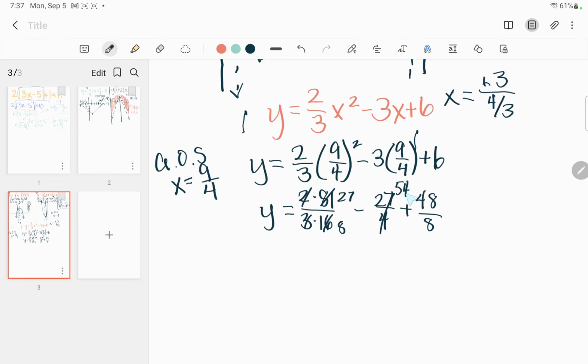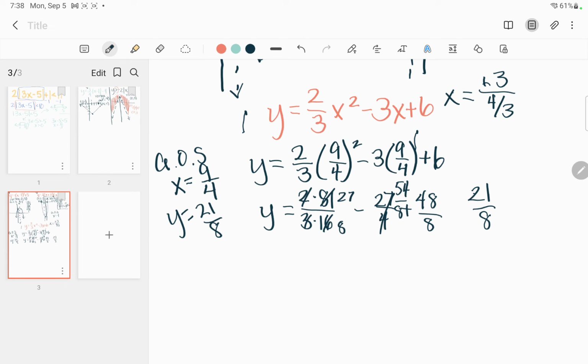So this is 54/8, and I have 27/8 minus 54/8 plus 48/8. So 27 minus 54 is -27, plus 48 is +21/8, and that is going to give me my y coordinate for my vertex of 21/8.